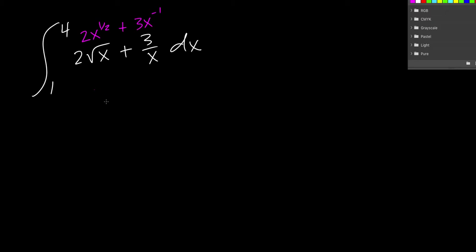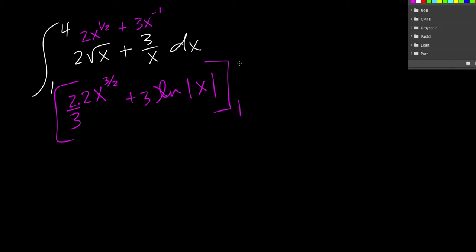Okay, when we take the antiderivative, we raise that by 1, and then we multiply by the reciprocal. Okay, we raise it by 1, so if it's like this, sorry, this is a special case. It's going to be 3 natural log absolute value of x. Okay, now we evaluate this entire thing from 1 to 4.